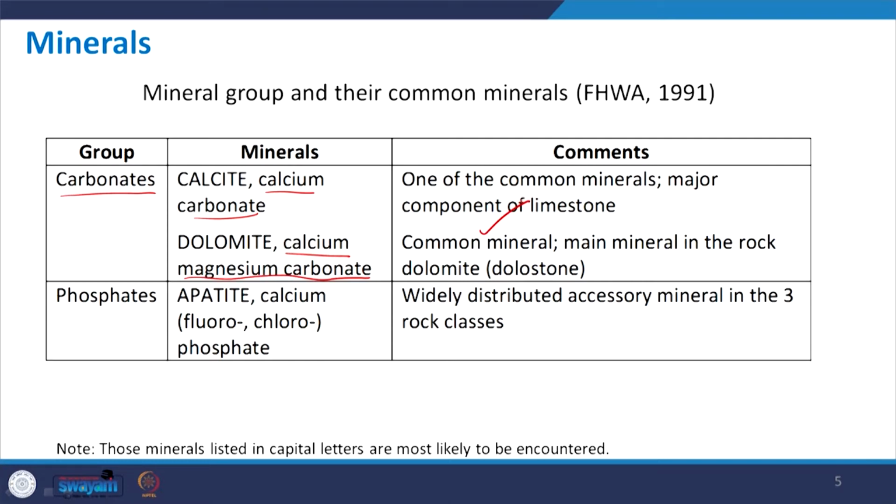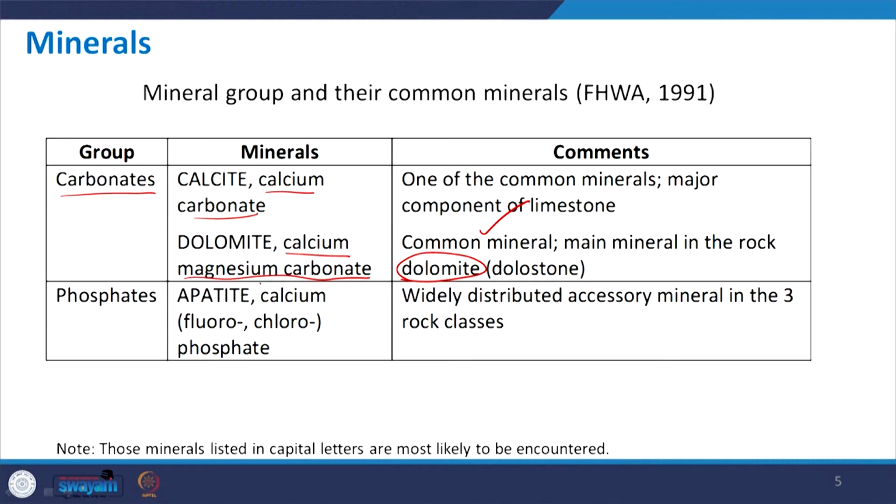It is the main mineral in the rock dolomite. So keep in mind that the main mineral in limestone is calcite and the main mineral in dolomite is calcium magnesium carbonate. This dolomite rock is also called dolostone.